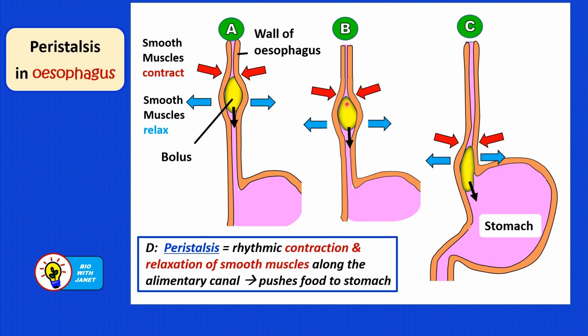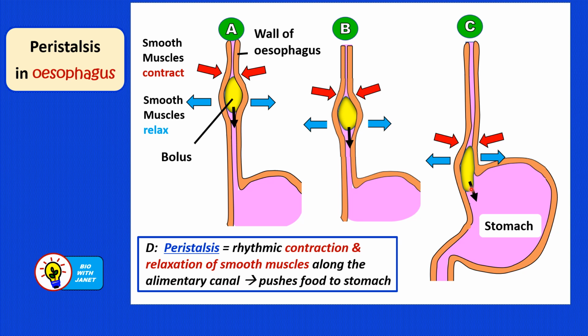Once the food moves to position B here, from A to B, again the smooth muscles above the bolus will contract, and the smooth muscles in the region of the bolus and below it will relax to allow the bolus to move downwards. This rhythmic contraction and then relaxation of the muscles is called peristalsis.